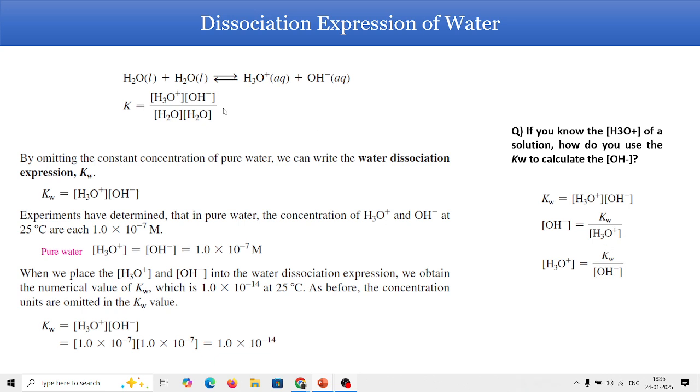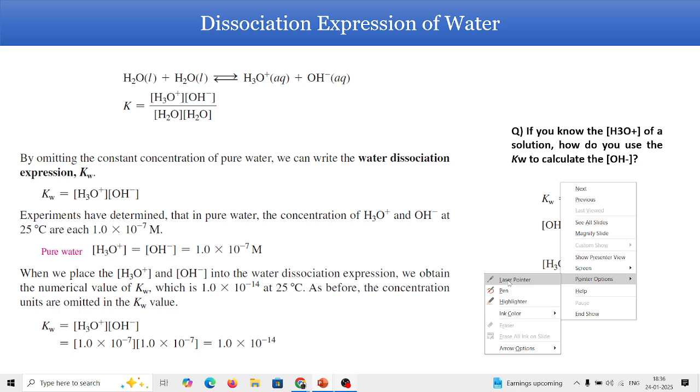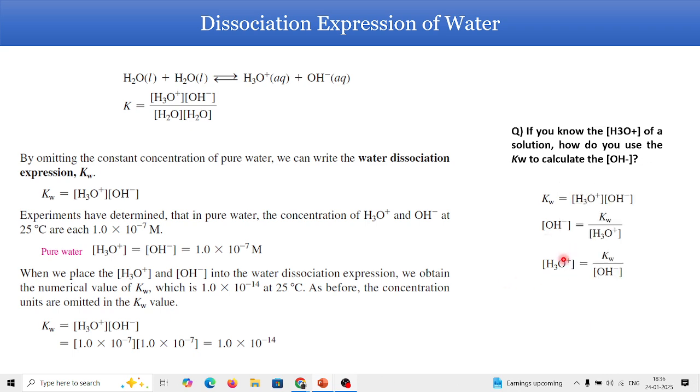Now, why is this equation very important? Because if we know the concentration of the hydronium ions of a solution, and we want to use this to understand the hydroxide ion concentration, or vice versa, we can use this equation in a similar manner and get the value of the hydroxide ion concentration or the hydronium ion concentration, considering the Kw value will be 10 to the power minus 14.